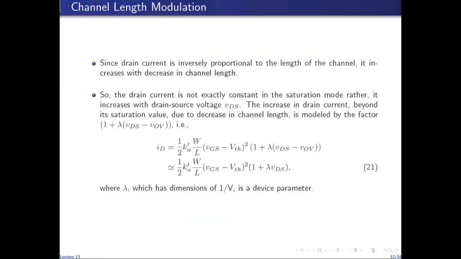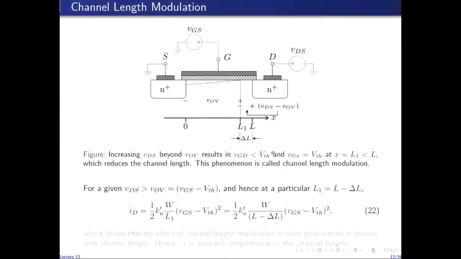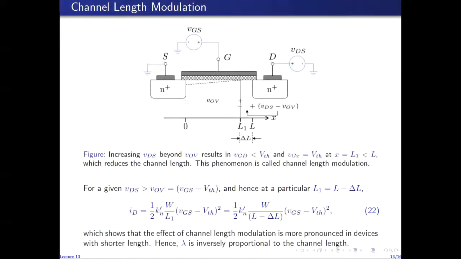And since this effect is actually taken into account by this factor here, this factor is included to model the increase in the drain current. And since we have just established that the channel length modulation effect is more pronounced in short channel devices, lambda must be a larger value in the case of short channel devices than for longer channel devices, which is why lambda is inversely proportional to the channel length.